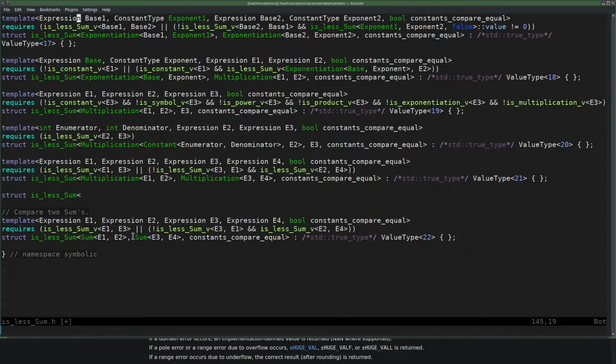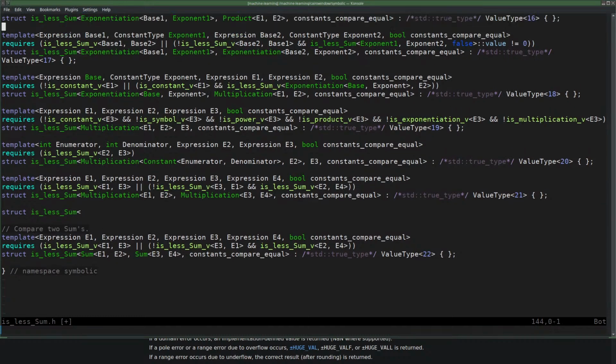Some sum is only less than another sum under certain conditions. So the sine and the cosine are missing, theoretically, basically, yes. So the sine of some expression is less than, yeah, the way I did that was E2.